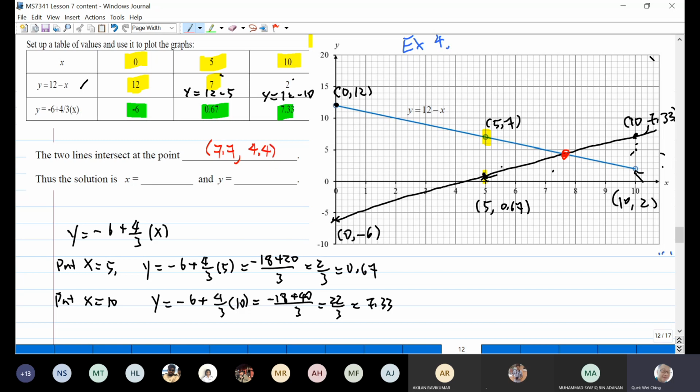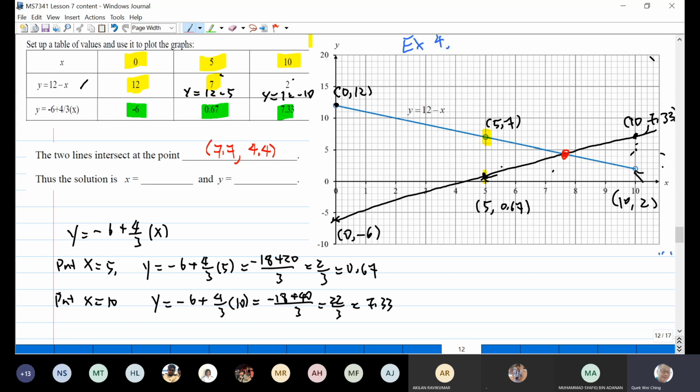All this, of course, depends on how well you draw the graph. You may not get exactly the answer. In the book, they tell you that this point is about 7.7 and 4.3.